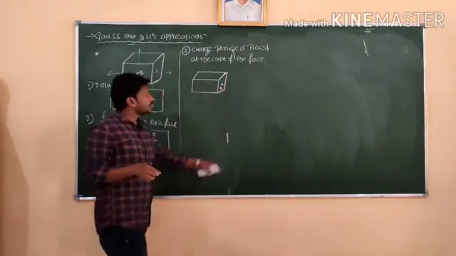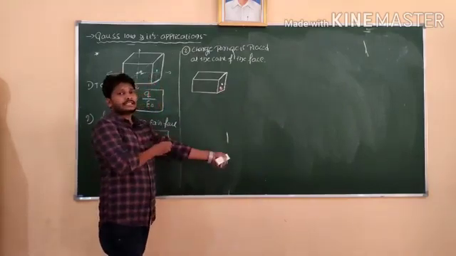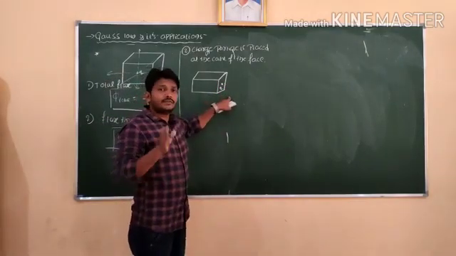Let me draw that cube here. This is one cube. Here I will consider one charged particle, placed at the center of the face. Let q be the charge. So this charged particle is placed at the center of the face here.